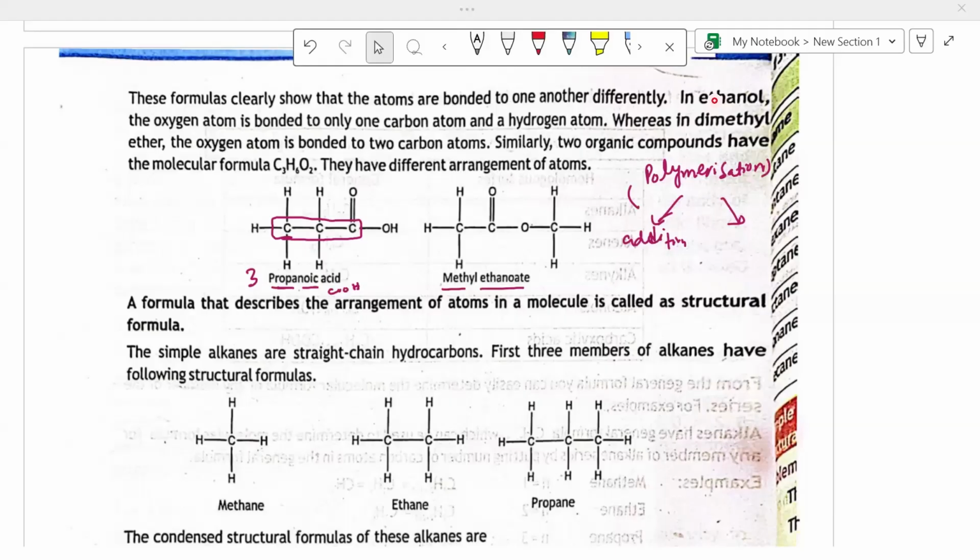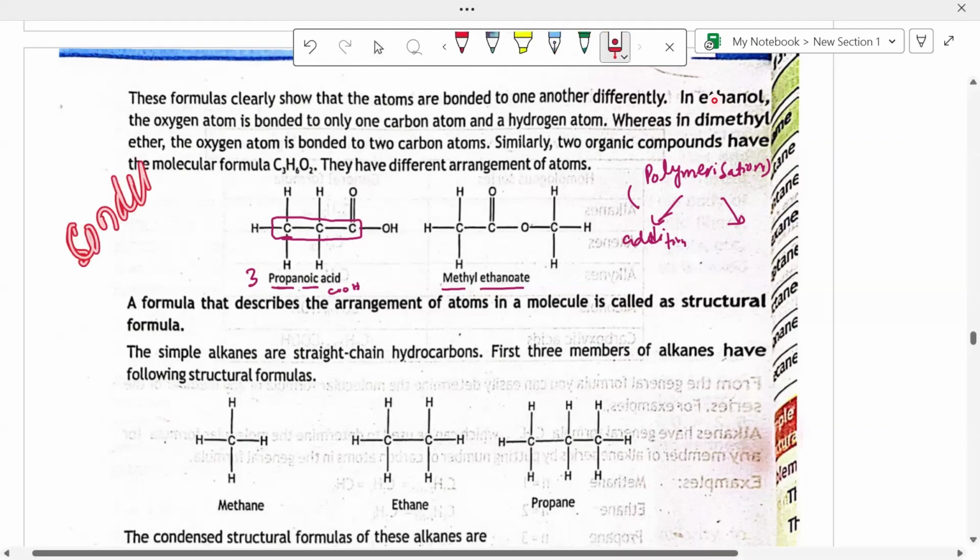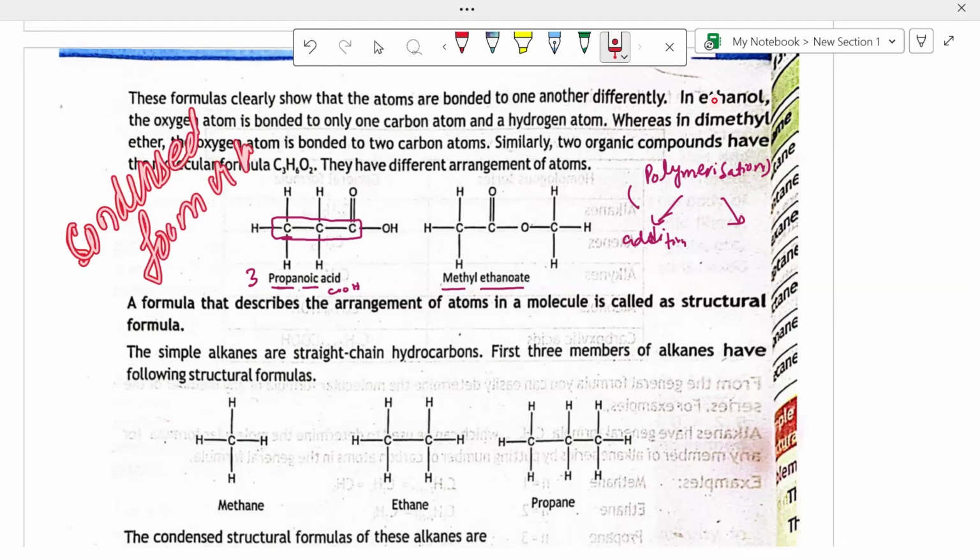The basic thing is we're discussing this because sometimes the general formulas of two different compounds are exactly the same, or we could say the condensed formula is exactly the same, but they are not actually the same things. Like what was discussed here. Did you get my point? Their condensed formulas are exactly the same. Condensed formula means it would show that there are three carbons, six hydrogens, and two oxygens.